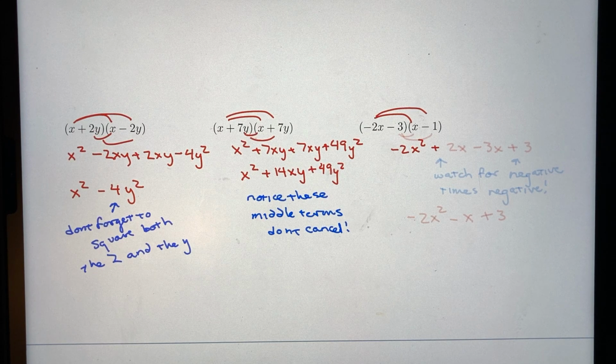Minus times minus is plus. So I'll write a little note. So the final answer has the middle terms combining: 2 bananas minus 3 bananas is negative 1 banana. Again, you can put the 1 in or not. And we're done.